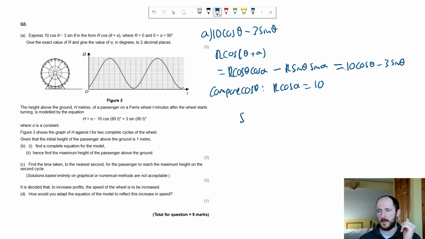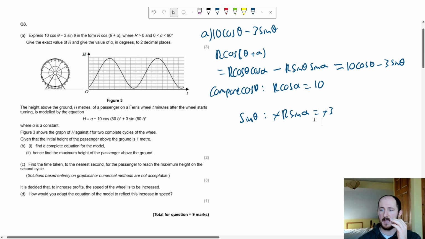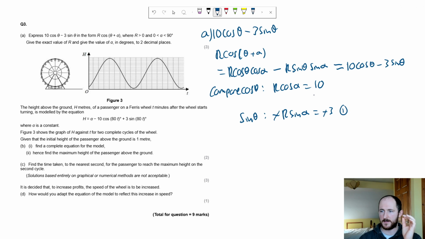Do the same thing for sine theta. We get negative r sine alpha equals negative 3. That's it. Cancel out the negatives. And then from here, you can work out alpha and r. Here's how you work out alpha. You divide these two equations. So if I divide them, I'll write this out fully, but again, you will be able to jump steps a little bit.